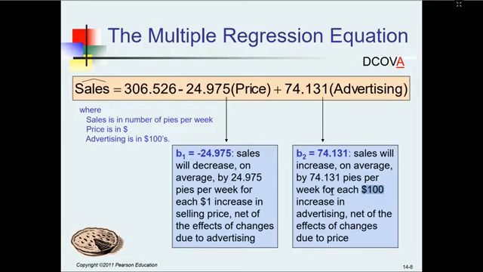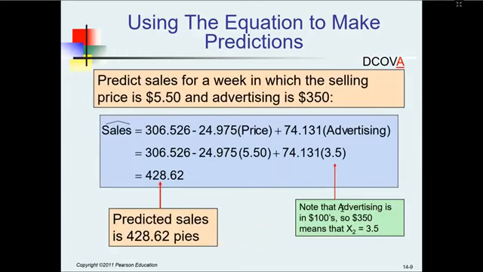Yes, please. Good. So you can say a unit increase in advertising, the corresponding increase in sales volume will be what? 74.131. Like I told you last week, we normally use regression for predictive purposes, to predict.